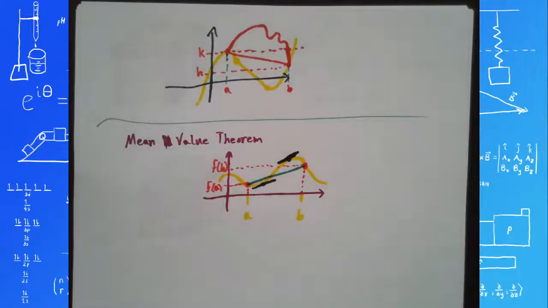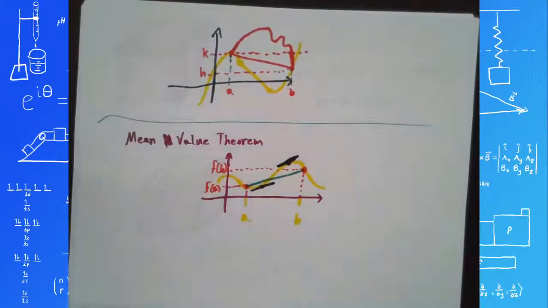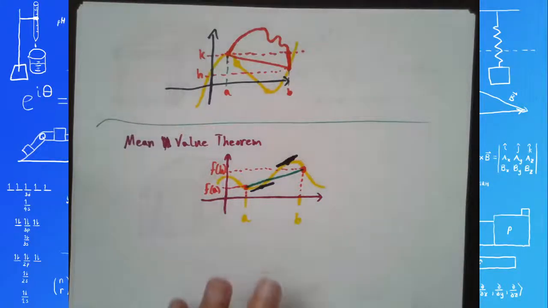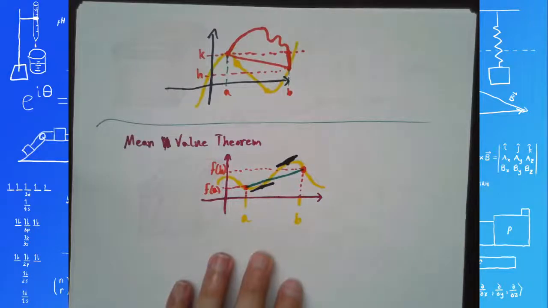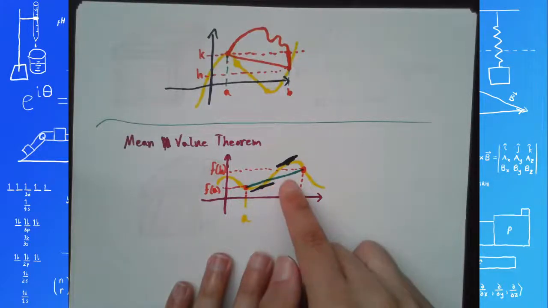So how can we think about this so we remember it intuitively? Really, it's the same logic I presented here. There are three ways to smoothly get from point A to point B. One way is to just go straight from point A to point B, in which case you're on the green line, and on the green line, all points have a tangent line that's parallel to the green line.